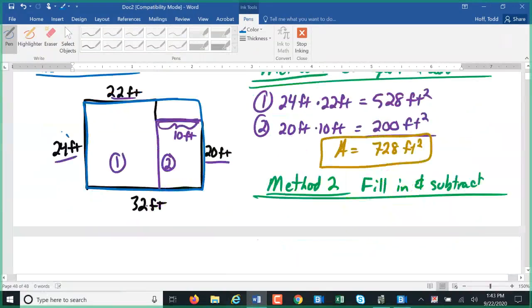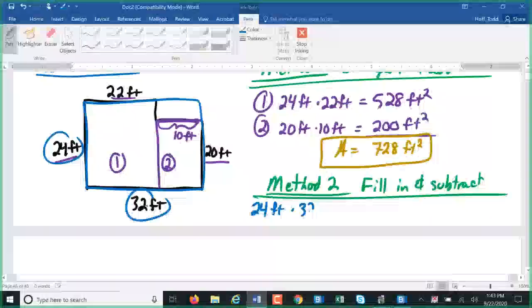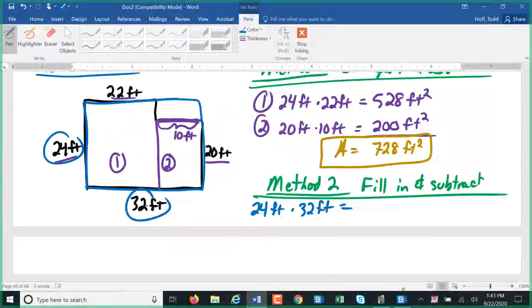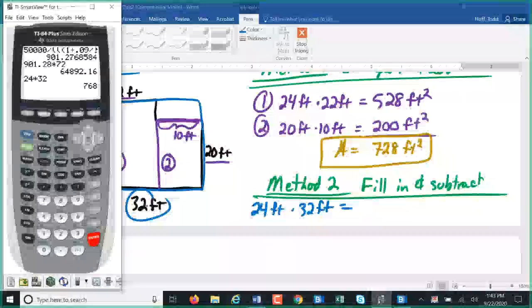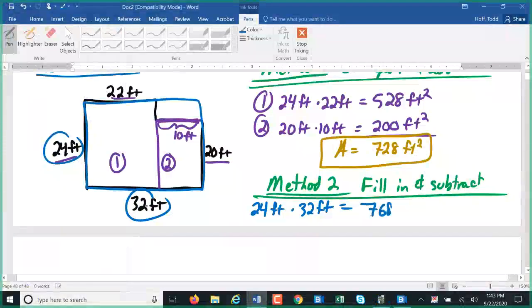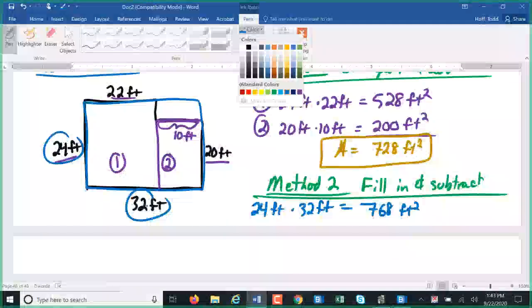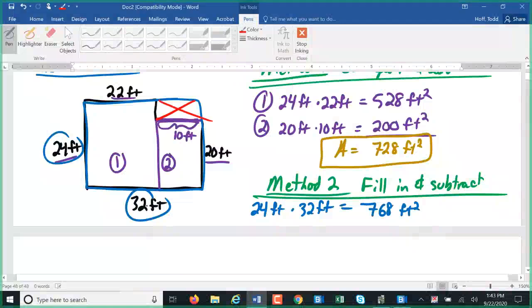That big rectangle is 24 feet by 32 feet. We're going to get 768 square feet. But now we have this extra rectangle up here that we need to take back out.